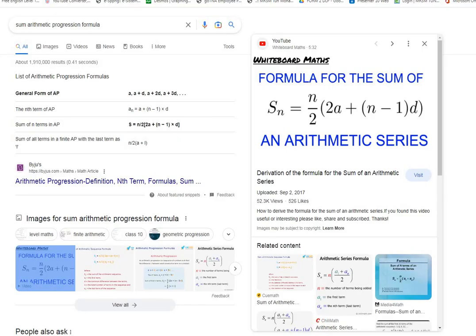Okay, so this is the formula for the sum of an arithmetic series. Sum of arithmetic series, S sub n equals n over 2 in brackets 2a plus n minus 1 times d. Okay, so you're going to apply this.